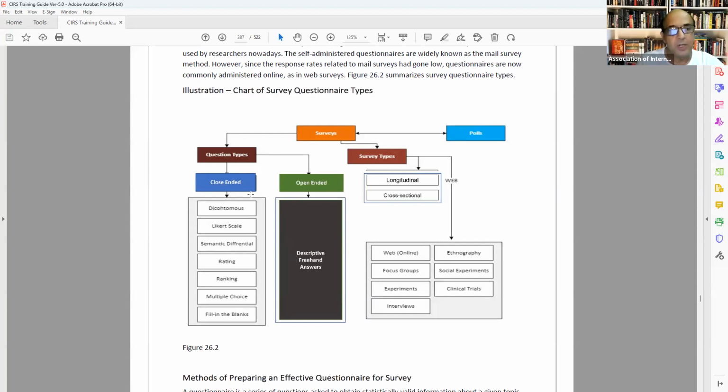So close-ended questions are of different types, and they're given these names which are commonly understood across the industry by those that build survey questionnaires or specialize in conducting surveys. They understand this terminology. There is the type of questions which are called dichotomous. There is Likert scale, semantic differential, rating, ranking, multiple choice, and fill in the blanks. So these are different flavors of close-ended questions.